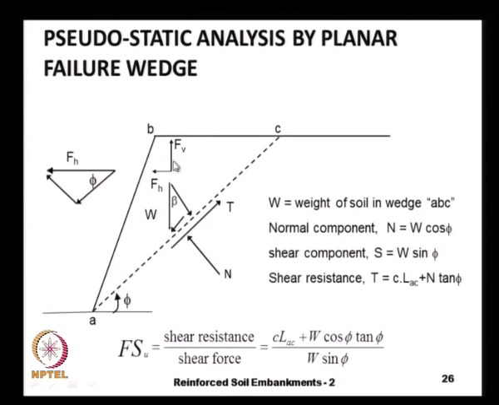Now we need to consider two additional forces Fh and Fv. Fh is the horizontal seismic force, that is the most critical one if it is acting outwards, and Fv can act either up or down, and the factor of safety of the unreinforced slope is like this, as we have seen earlier.